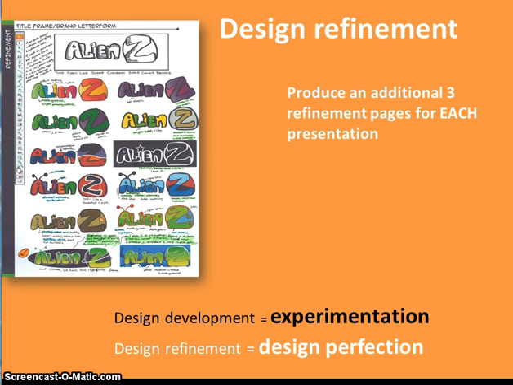Oh, just a reminder that it's an additional 3 refinement pages. So at the end of this week, you should be able to look through your folio and say, yes, I have 6 refinement folio pages at the very least for each presentation, and you'll need to submit copies of that at the end of this week so I can give you some feedback, and then you'll be on your way to doing your final presentations, making a start on those next week, week 8.